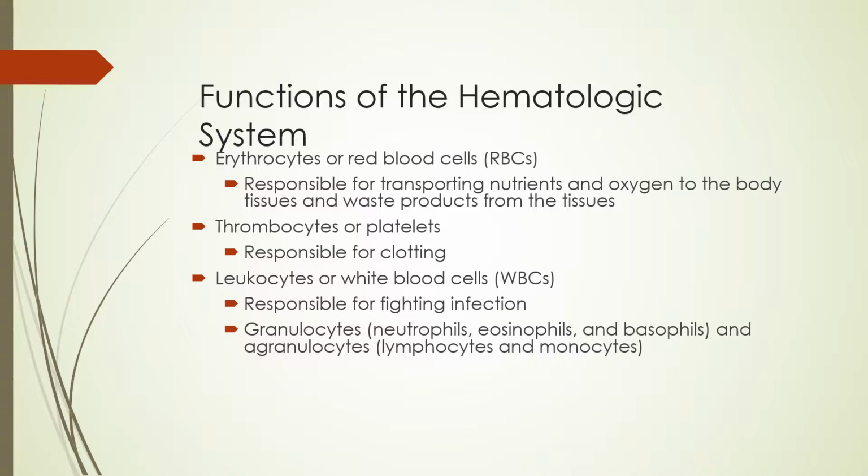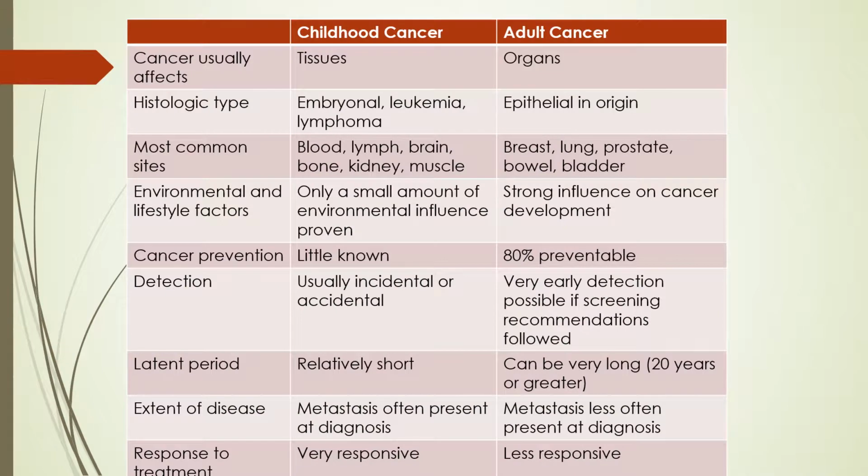And there's various types. There's granulocytes. Granulocytes are neutrophils, eosinophils, and basophils. And agranulocytes are lymphocytes and monocytes. Now, I know that's a lot to process, but just keep in mind there's three systems: red cells, platelets, white cells. And that's real important to understand as we go on into this lecture.